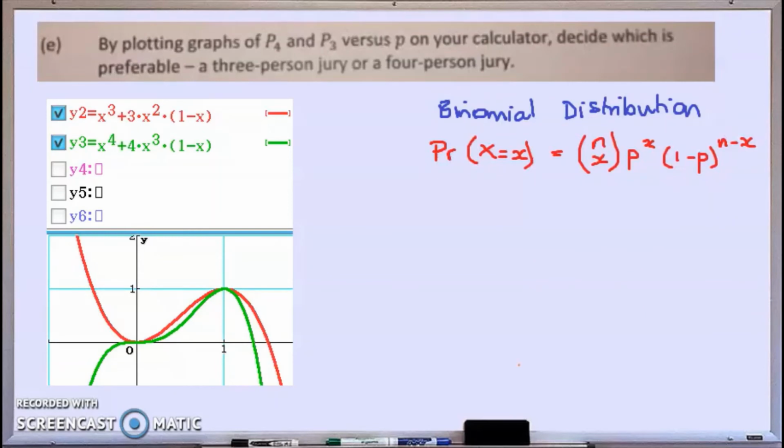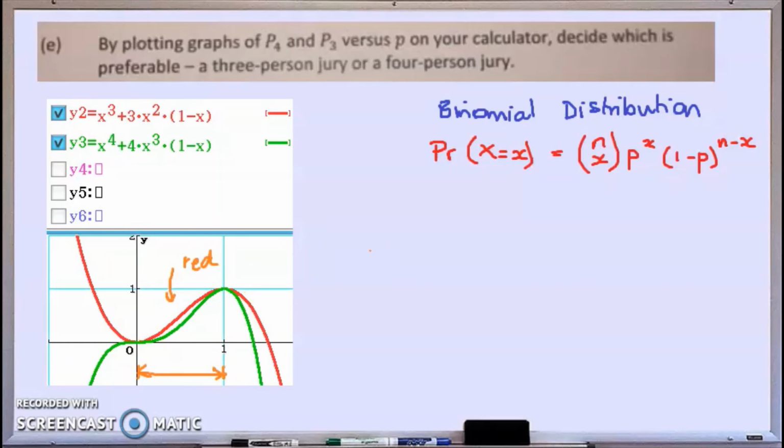This is another question where I'm asked to sketch these two distributions and have a look at which one's higher. And you can see that for all of the domain between 0 and 1, my red line is now higher. Remembering that a probability must be between 0 and 1, so my p-value must be between 0 and 1. So here's the only relevant stuff. At 0, they're both equal to 0, and at 1, they're both equal to 1.